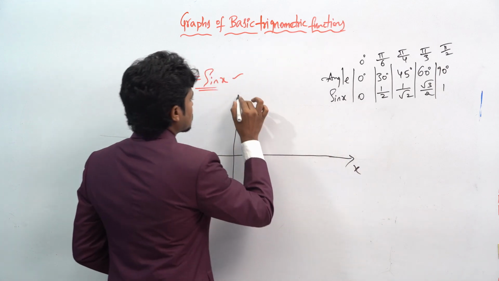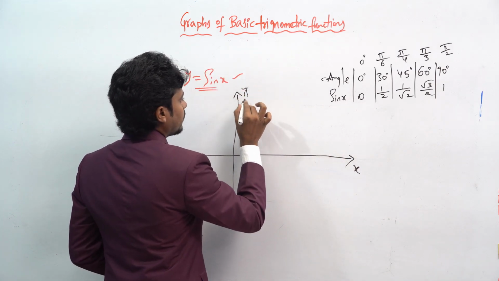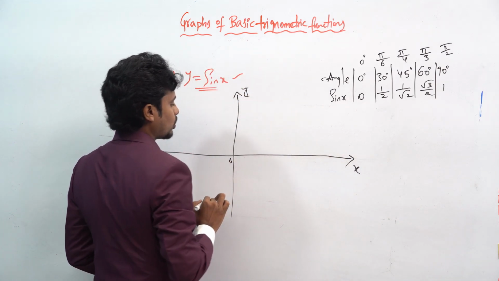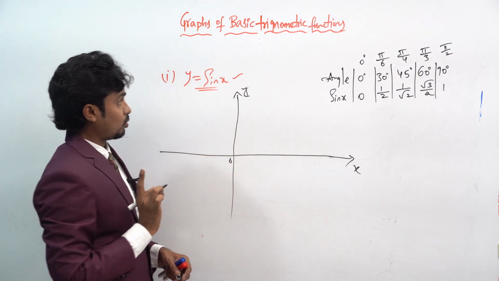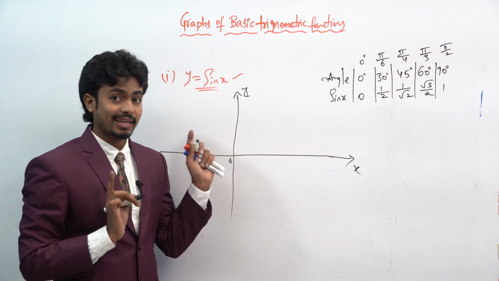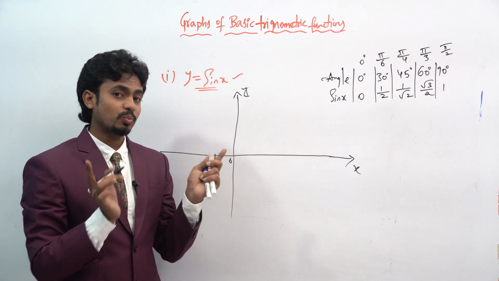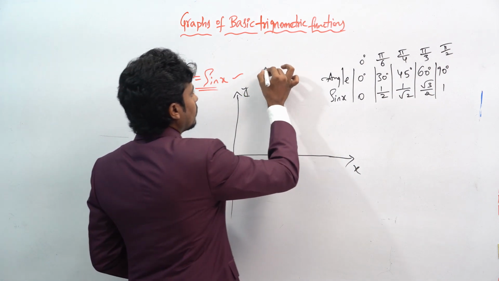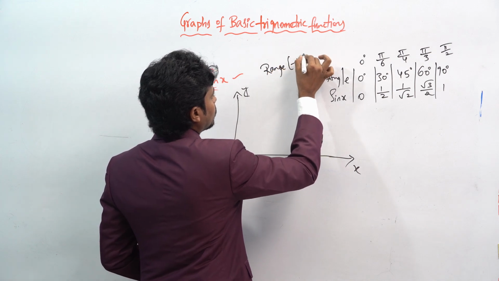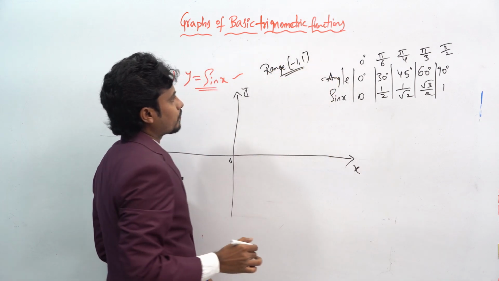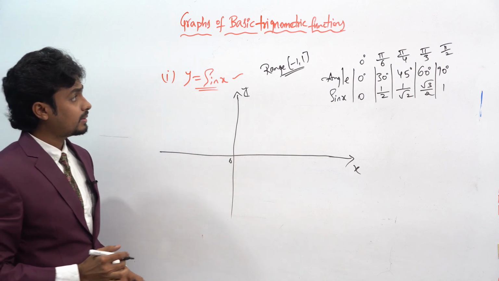So this will be the x, and this will be the y, and this will be the 0. And here you already know from this sin x, the range is from -1 to +1, right? Just keep it in mind.